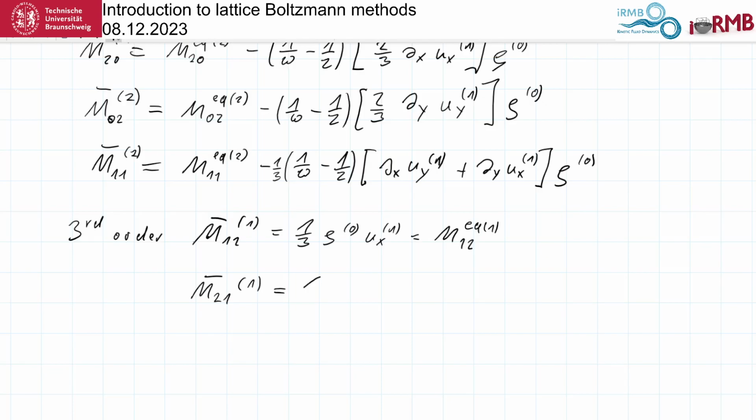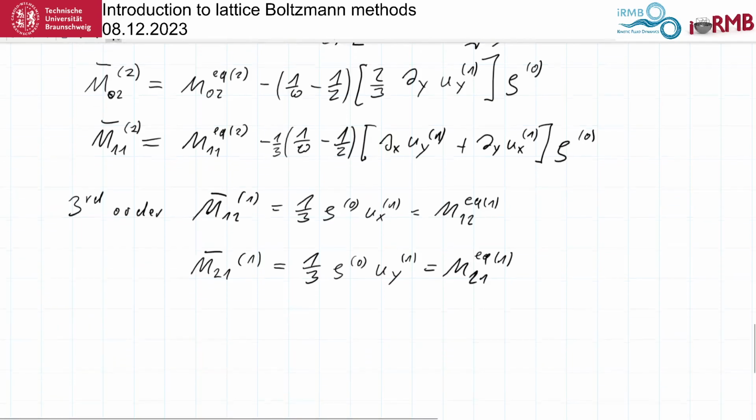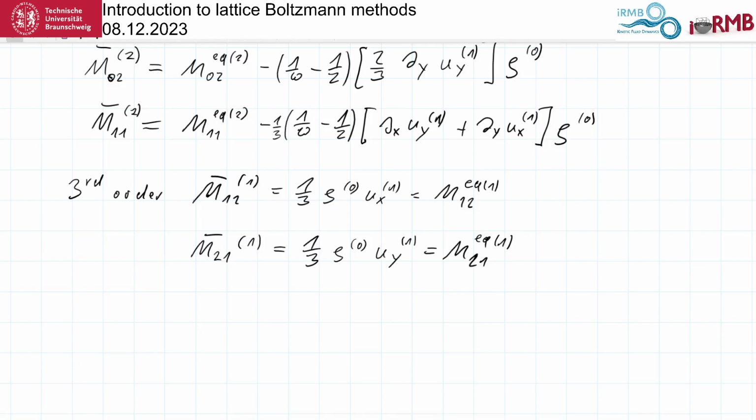First order is 1/3 rho 0 uy first order, which is also the equilibrium to first order. I mean, this is the required minimum consistency. You can go to higher consistency for your initial conditions, but this is what you require for solving the Navier-Stokes equation correctly.